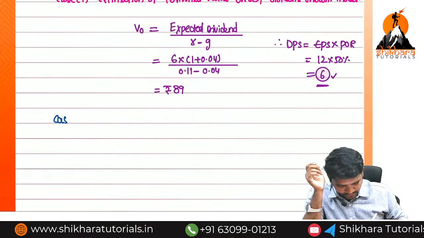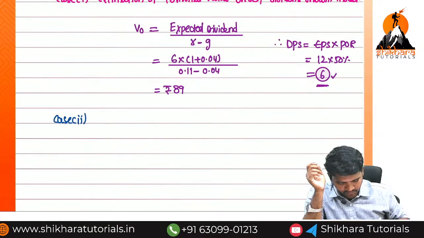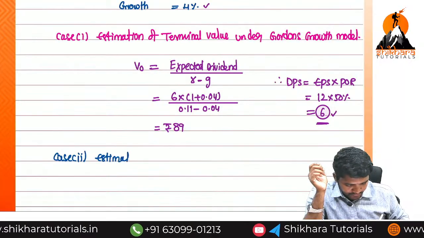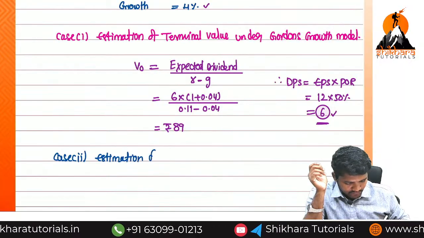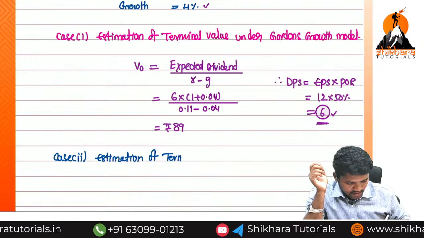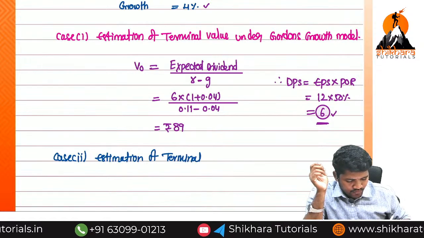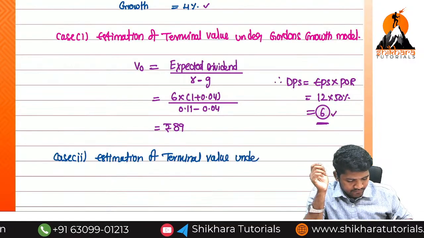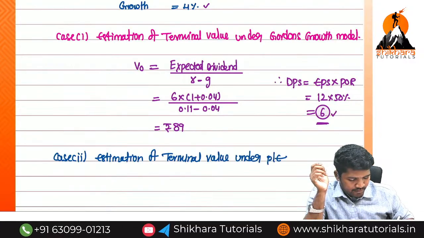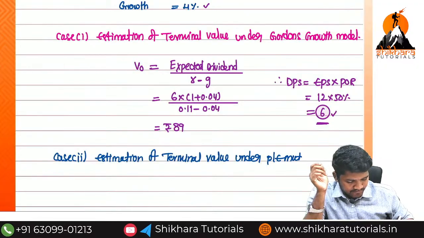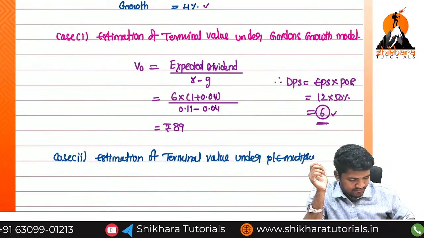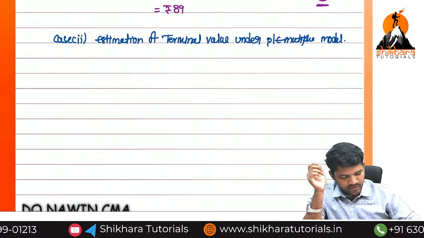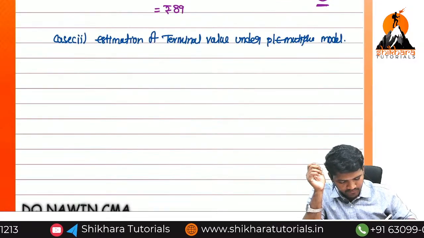Case 2: Estimation of terminal value under the PE multiple method. Now what's the formula as per the PE multiple model?